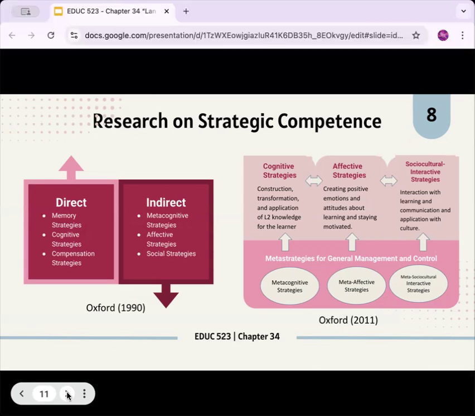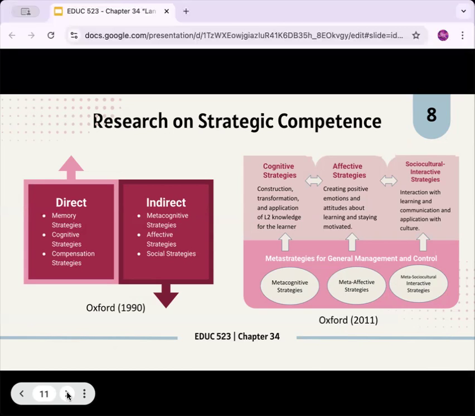Oxford 2011 later created a model, as seen on the right-hand side, that demonstrates greater alignment with information processing. In this model, meta strategies are the guide to the learning behavior strategies. For example, metacognitive strategies guide cognitive strategies such as situation analysis.